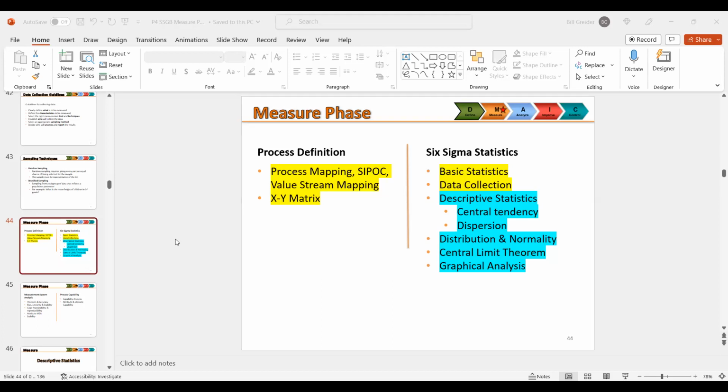Last week we did process mapping, SIPOC, kind of a flyover of VSM, XY, basic statistics, different kinds of counting methods, and data collection. And today we're going to go through what we just did: descriptive statistics, central tendency and dispersion, distribution and normality, central limit theorem, and then look at a couple of different types of graphs.